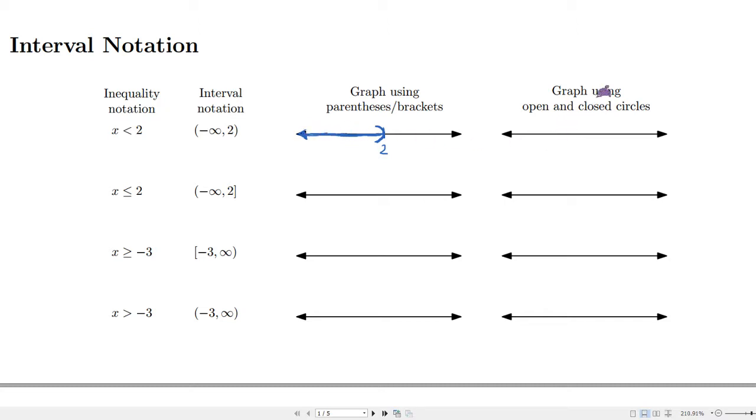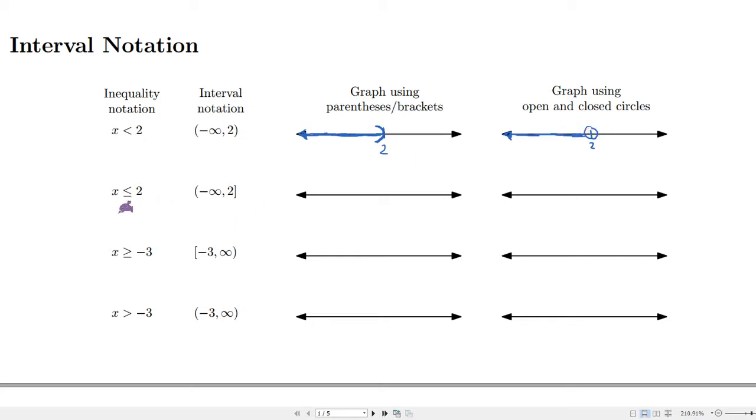Or we can graph using open circles and closed circles, like I did above. We would designate 2, put an open circle because this is strictly less than, and then just fill in the part of the real line that has the solution.